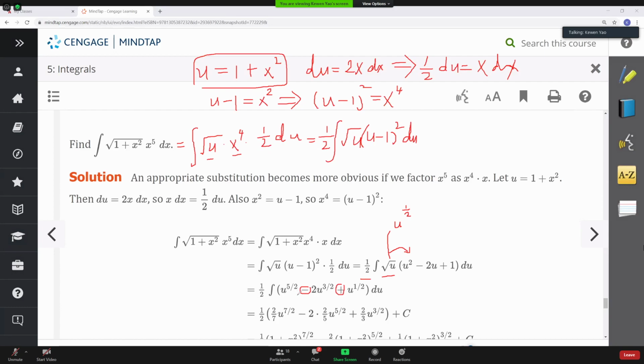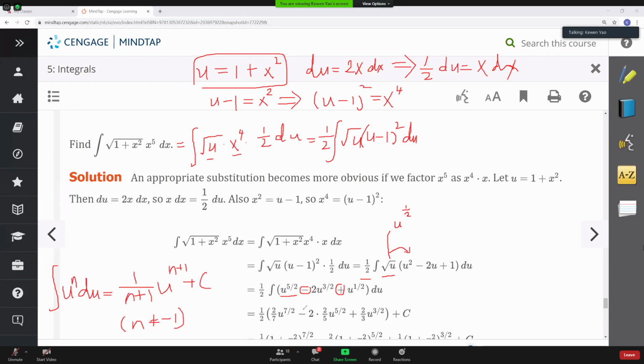So for the first one, you've got to remember the basic formula, right? Remember, u and du. The antiderivative for u to the power n is 1 over n plus 1 times u to the power n plus 1, plus a certain constant, for n not equal to -1. For n equal to -1, the formula is different, right?